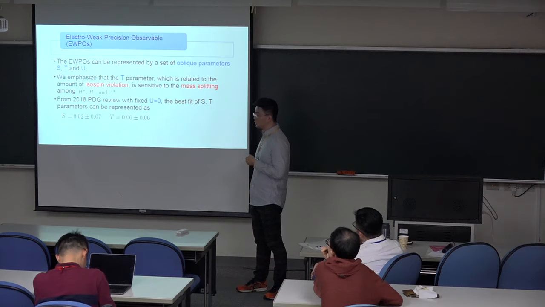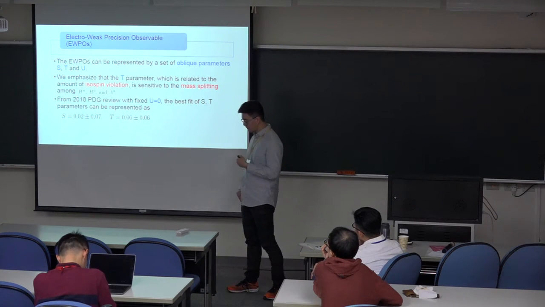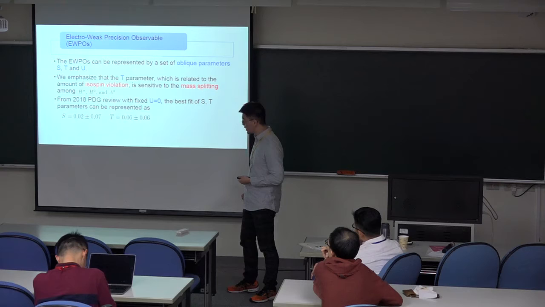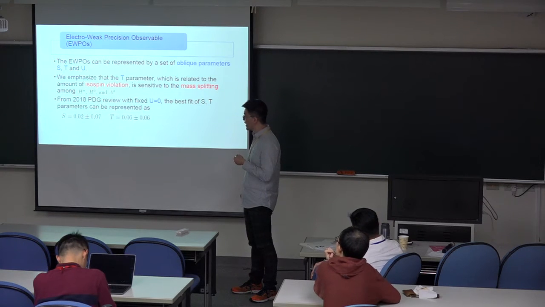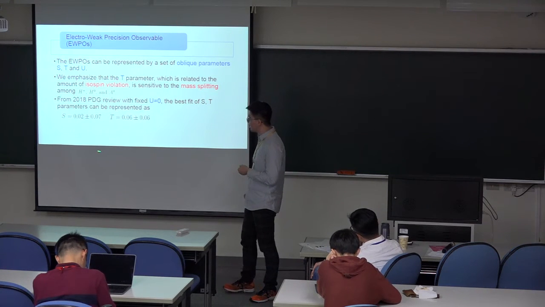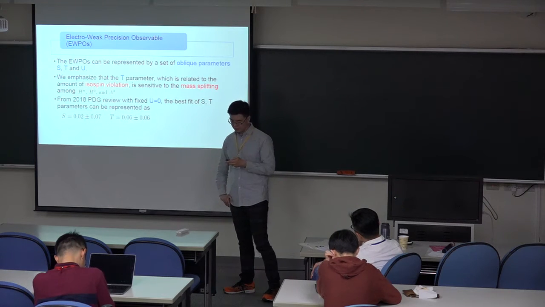And usually, we fix U equal to 0 when we consider this constraint. And we use the 2018 PDG review data for the constraint.